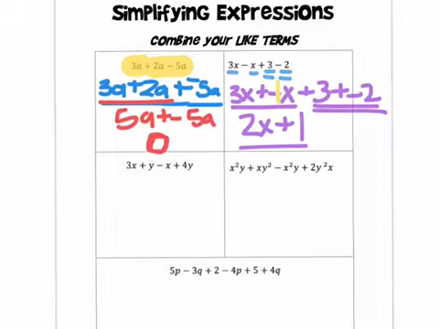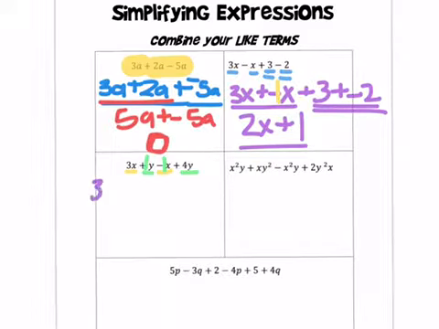And the next example, it's the same thing. We underline our like terms. I have x's here, and then I also have our y's. Now, if you have a y by himself, that means that there is a 1 in front of it. Okay, so that's 1y. If you have the x by himself, it's a negative 1x. So now we have to combine our like terms.